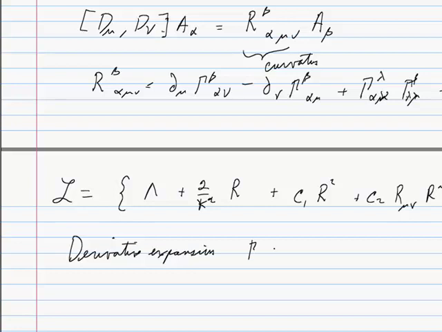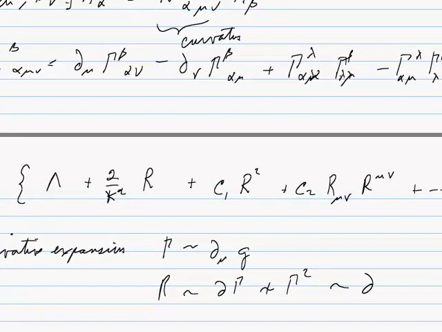Gamma goes like the derivative of the metric, and the curvature goes like the derivative of gamma or gamma squared, so it goes like two derivatives on the metric.